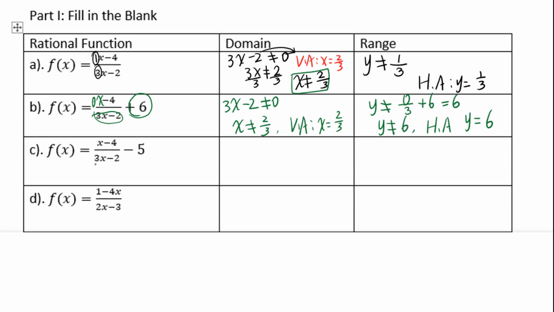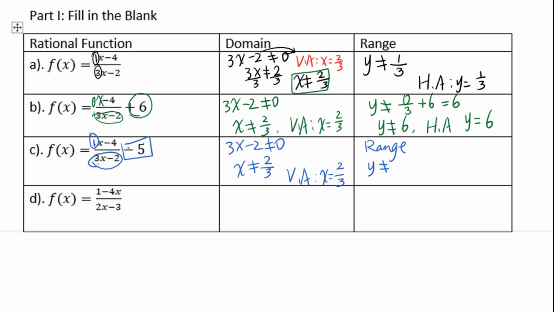For C, your domain is just make the denominator not equal to 0. So x not equal to 2 over 3. The vertical asymptote line is x equals 2 over 3. For the range, y is not equal to. Check the coefficient of x, 1 over 3.